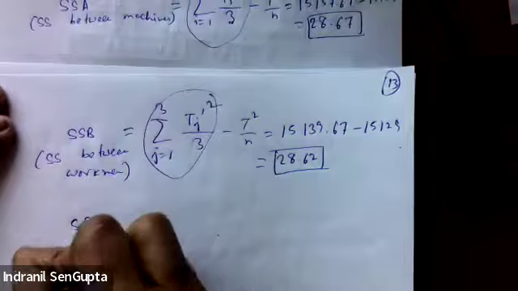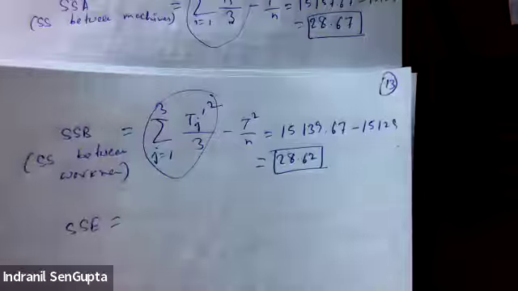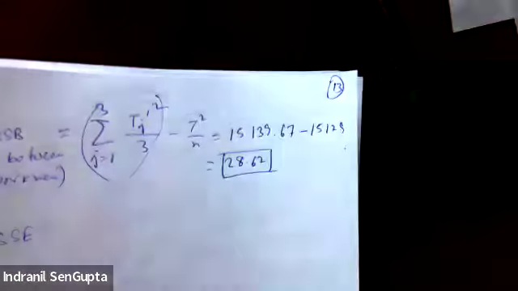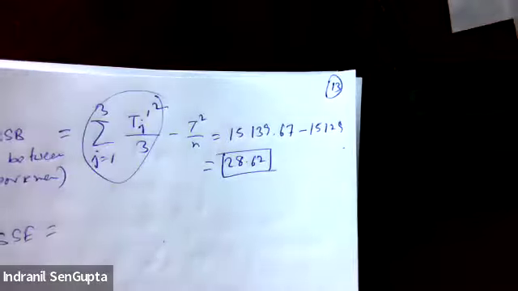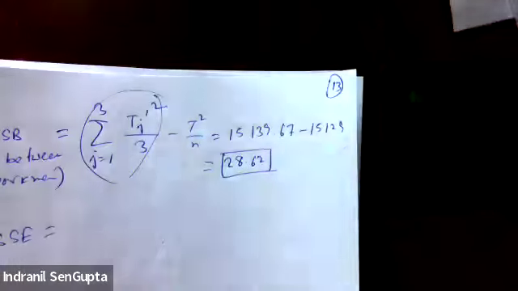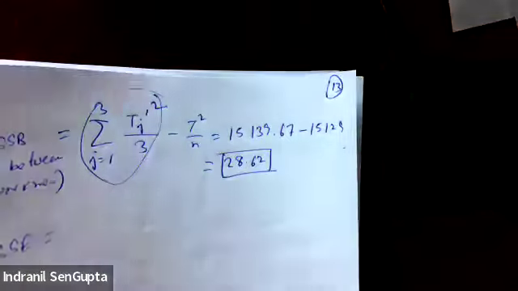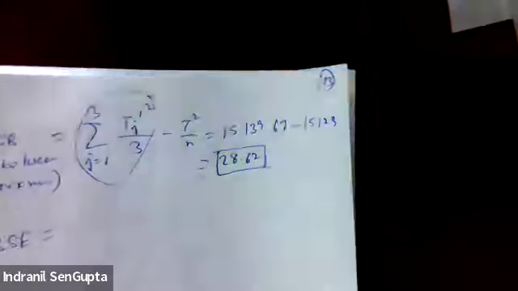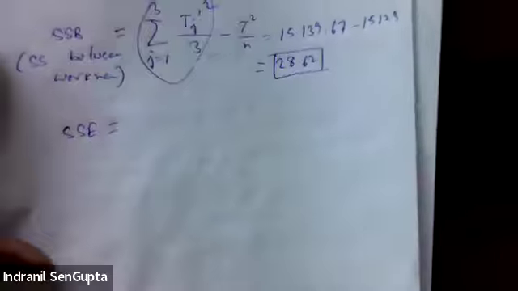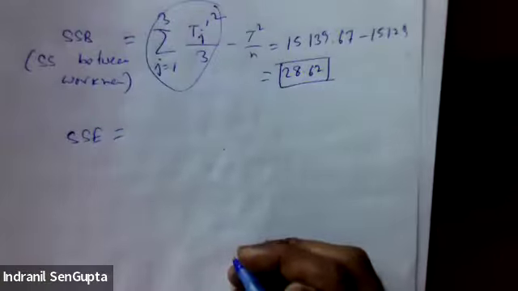And what is SSE? Just like before, we have computed SSA and SSB, and from there we can compute SSE. So SSE is given by equation number 1 that we have seen before.